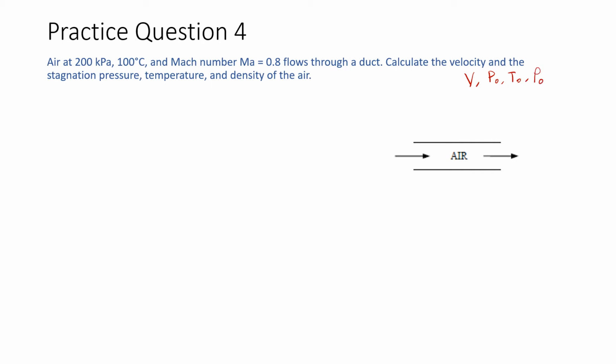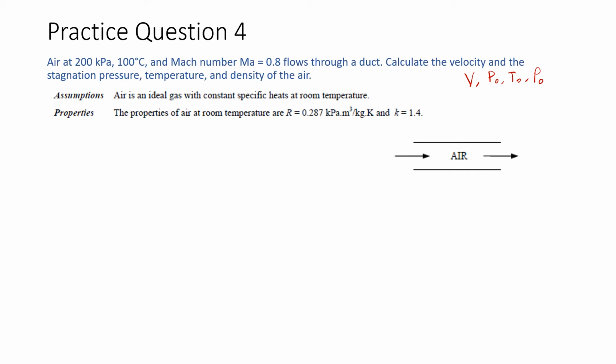You may recall that you have all these formulas ready to be used. But first the important assumption is that air is an ideal gas and that it has a constant specific heat at room temperature. That's the value we're going to use.